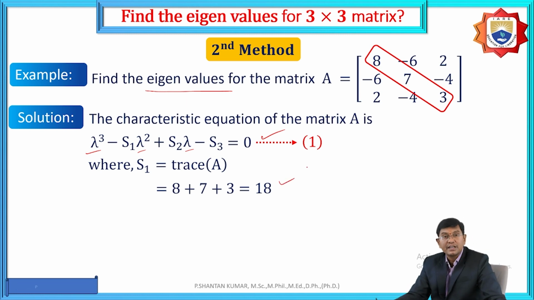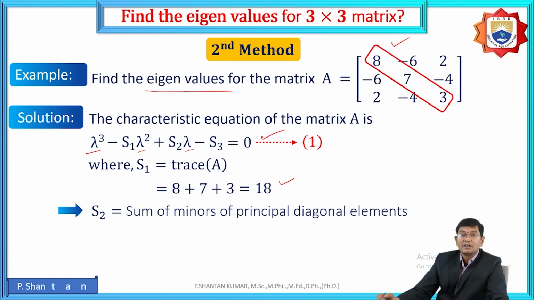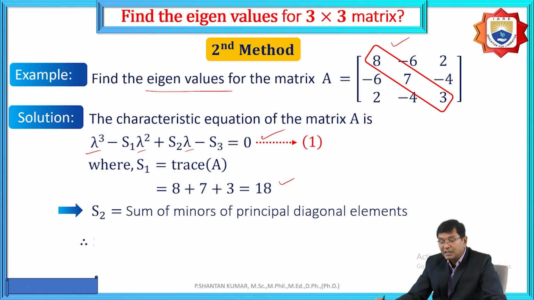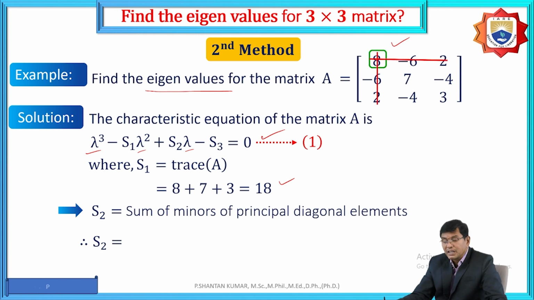And similarly, S2. That S2 is nothing but the sum of the minors of the principal diagonal elements. The principal diagonal elements are 8, 7, 3, and we need to find the minor of each of these elements. The minor of 8 is obtained after deleting the particular row and column, so the remaining values are 7, minus 4, minus 4, 3.